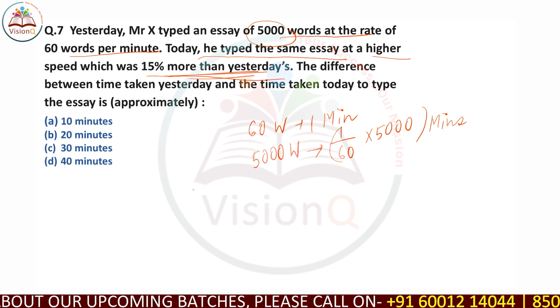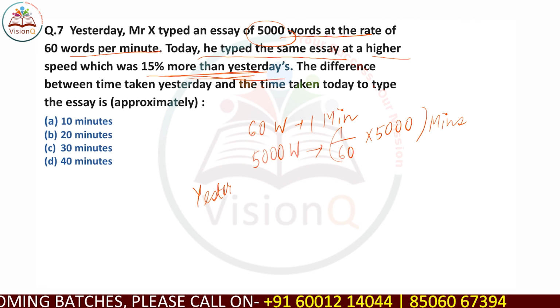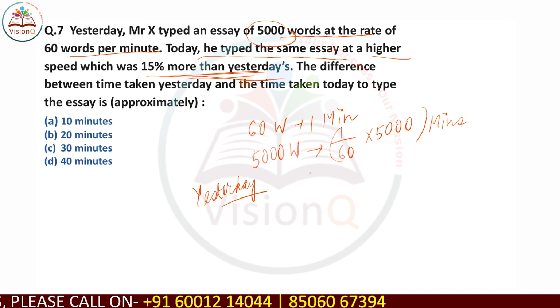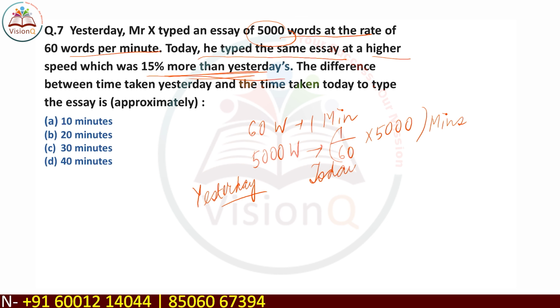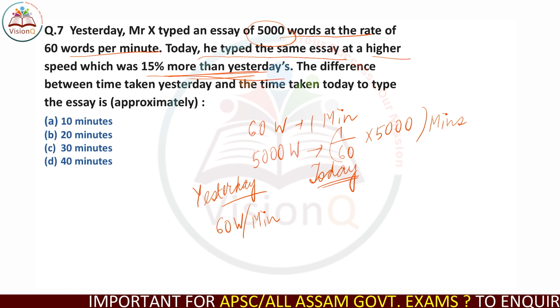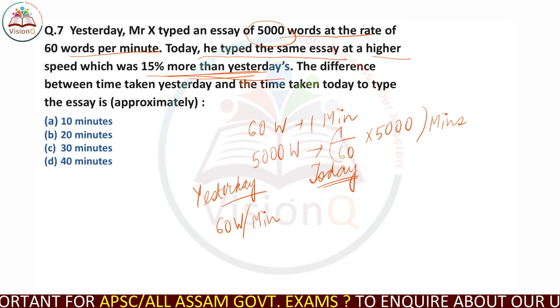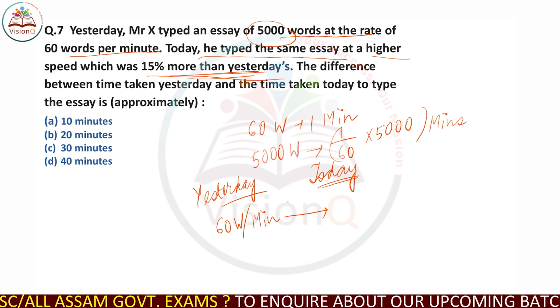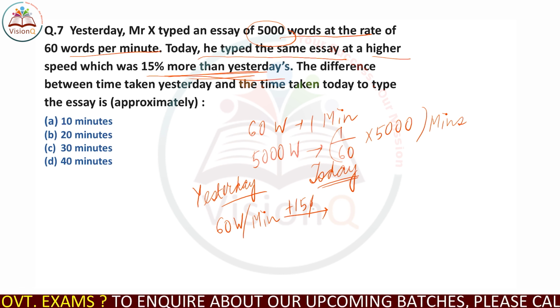Yesterday the rate of typing or the speed of Mr. X was how much? 60 words per minute. But now he is able to type the same essay of 5000 words at 15% more speed than yesterday. Today's speed is 15% more than yesterday's speed.